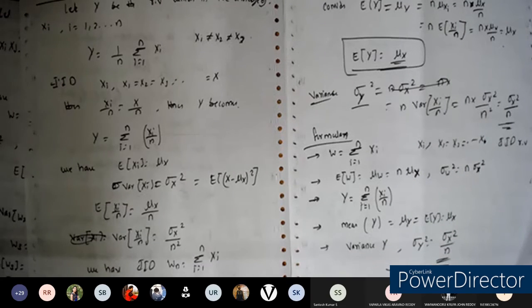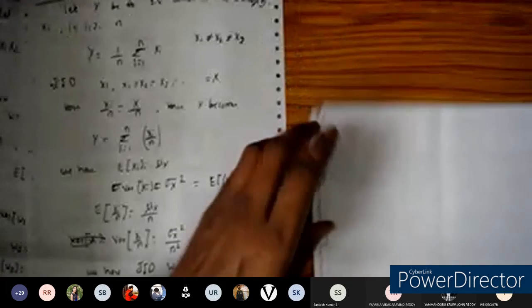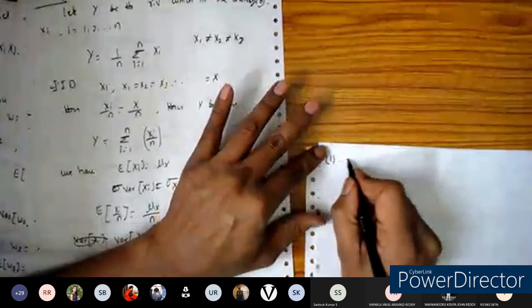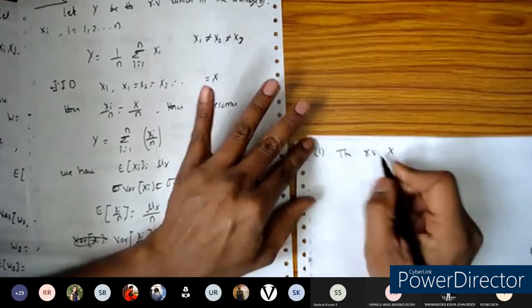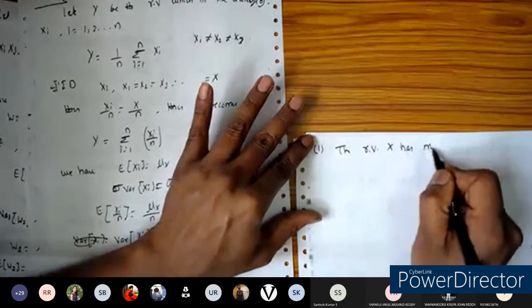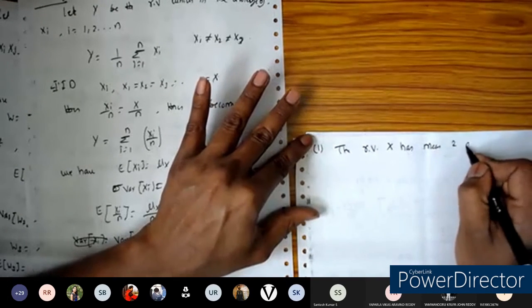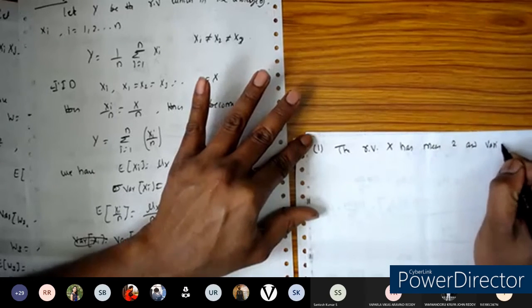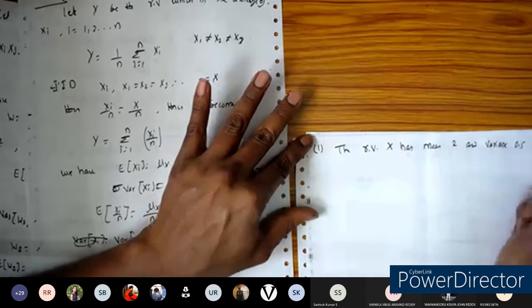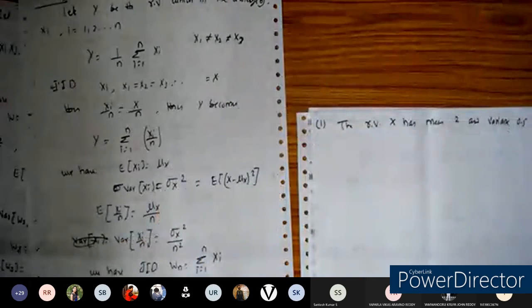Take the problem. The random variable x has mean 2 and variance of 0.5.